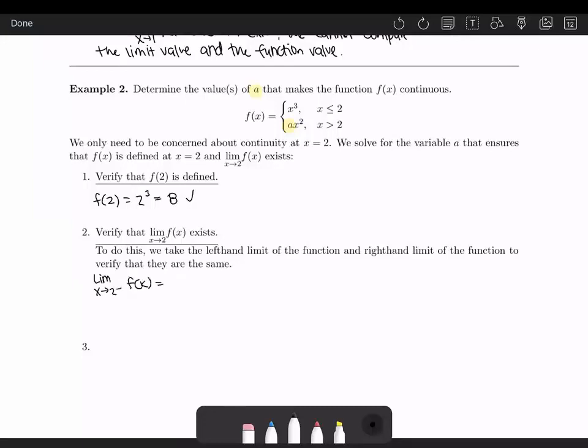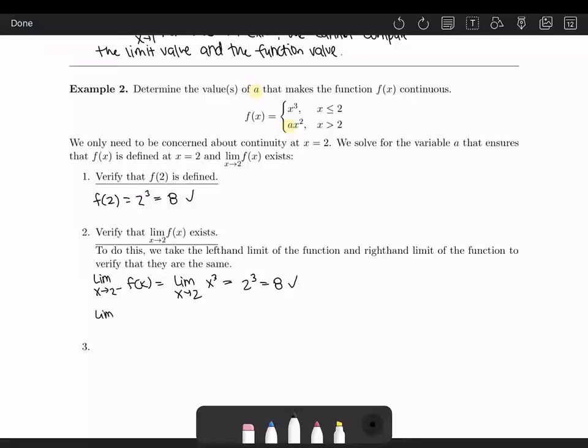We put in how f is defined to the left of 2, which is x cubed. We evaluate this as 2 cubed, which is 8, so our left-hand limit is 8.